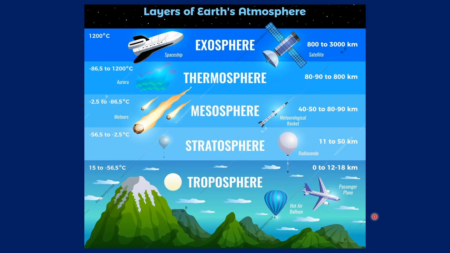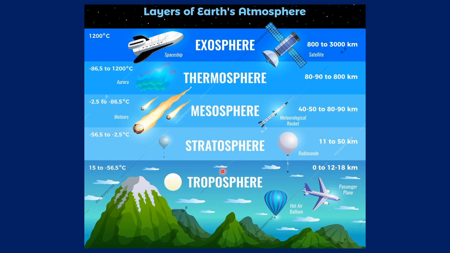Now, the atmosphere can be divided into several layers based on height. First one is the troposphere. This is your immediate surrounding to the surface of the earth that would stretch from 0 to about 18 kilometers, and the temperature in this area ranges between 15 to minus 56.5 degrees Celsius, on average.